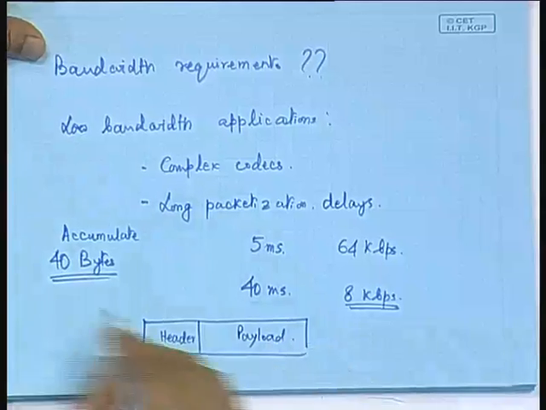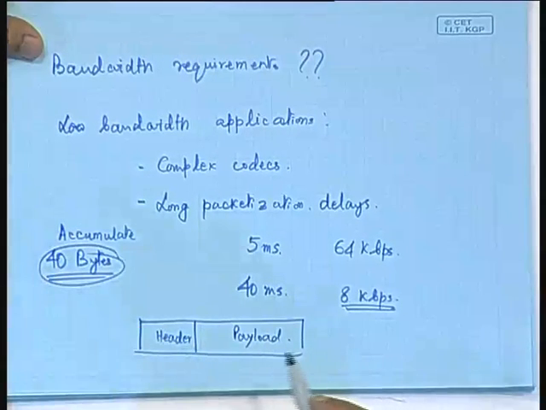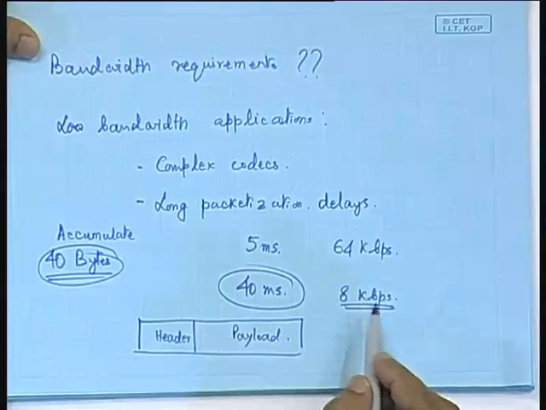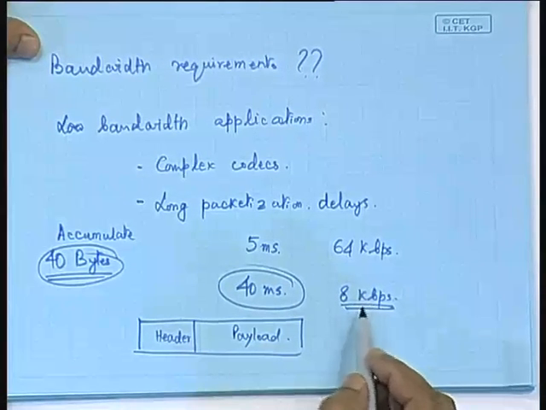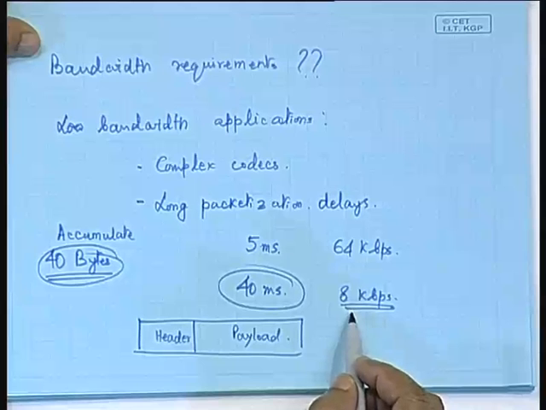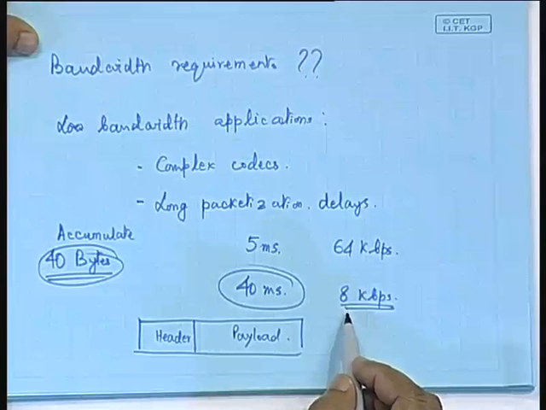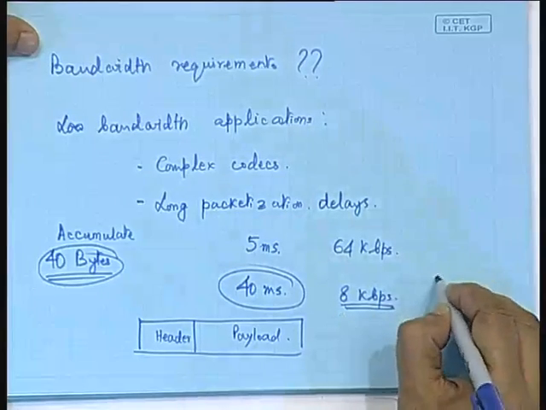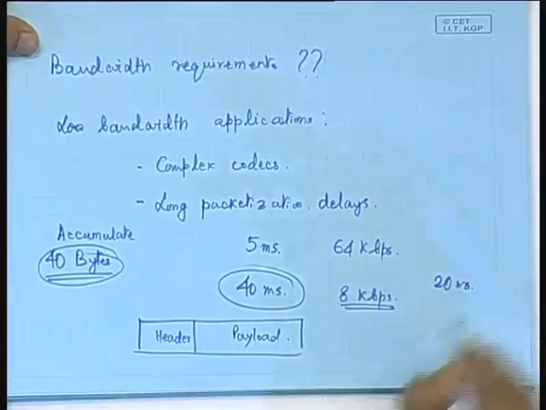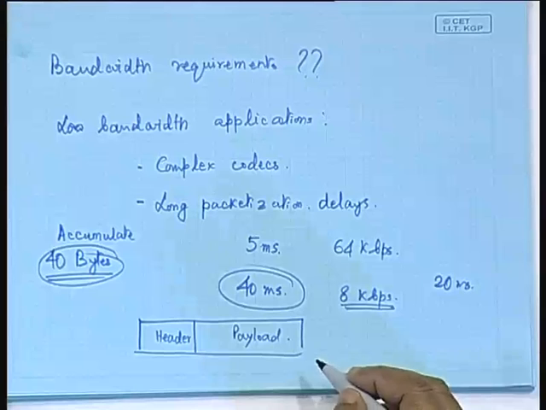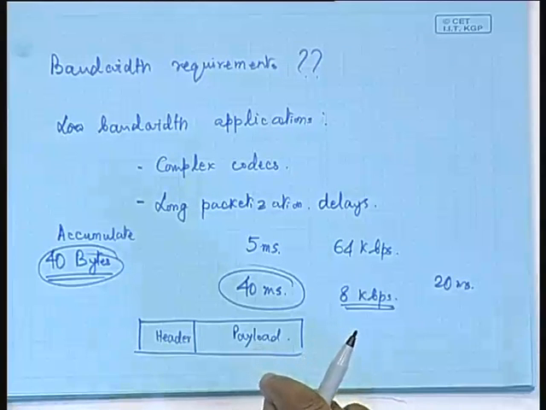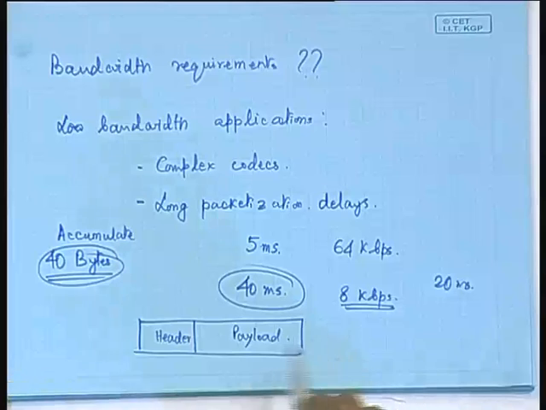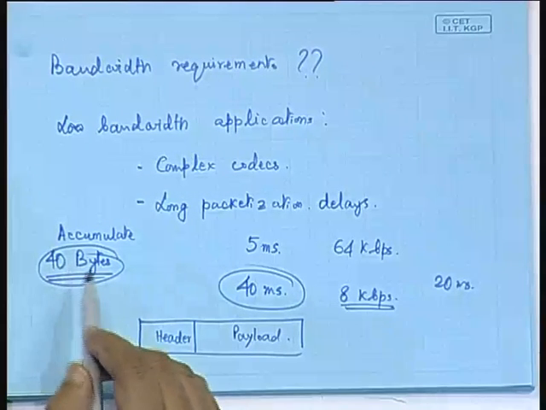Now, if I use a payload of 40 bytes, then I incur 40 milliseconds of packetization delay at a rate of 8 kbps. But if I have to use 8 kbps and somebody tells me that more than 20 milliseconds of packetization delay will not be allowed, what choice is there with me? I have to restrict my packet size.